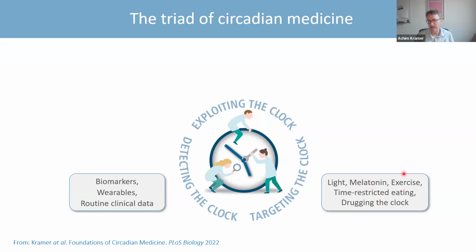We can use exercise. We can use time-restricted eating because, as I told you, also feeding fasting cycles act as so-called Zeitgebers. And there are drugs underway which also target clock proteins and may have the potential to shift the phase or increase the amplitude.